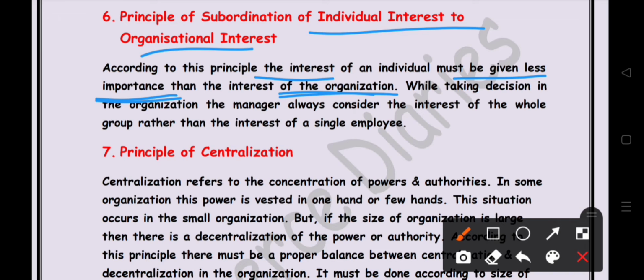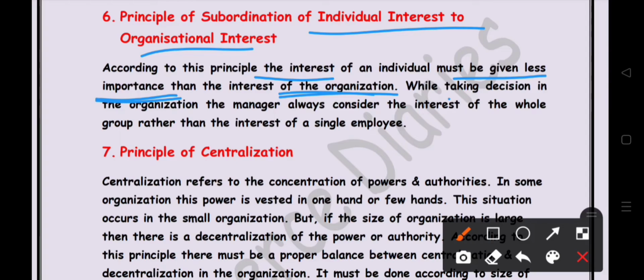If one individual is not agreeing with the rules, policies and structure of the organization, his personal views should not hamper the organizational objective.